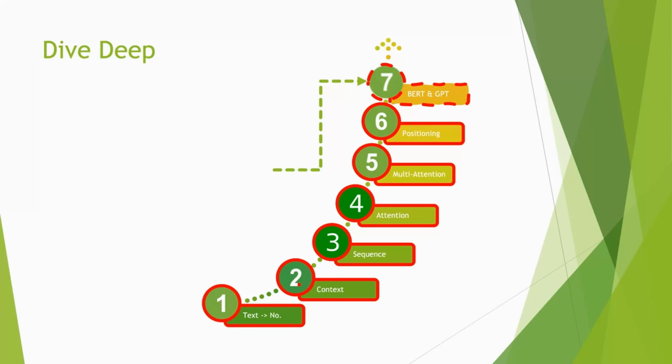So now you see, we first converted text into numbers, and then we added a neural network to it, made it use Word2Vec, so it retained context. And then we started to look at the sequence by using RNN and CNN.